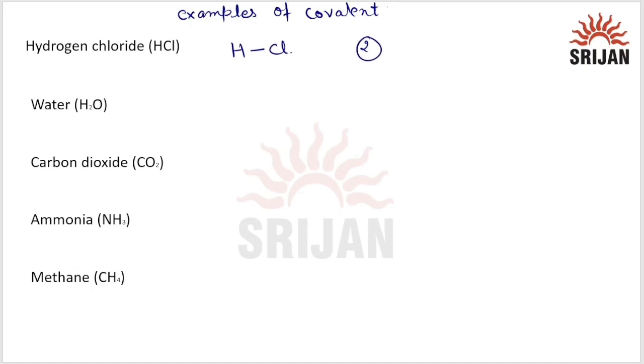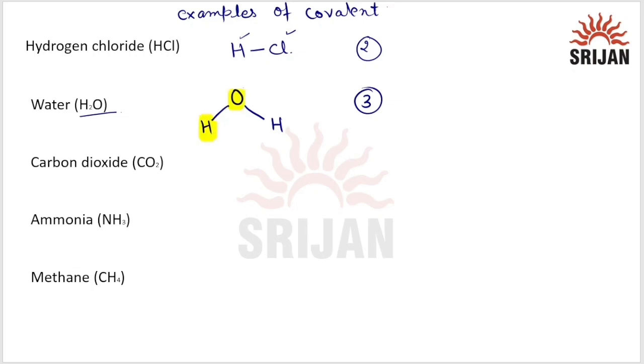Therefore, its atomicity is 2, and hydrogen and chlorine are the constituent atoms. Similarly, in the case of water, there are 3 atoms. Therefore, the atomicity is 3, and oxygen and hydrogen are its constituent atoms.